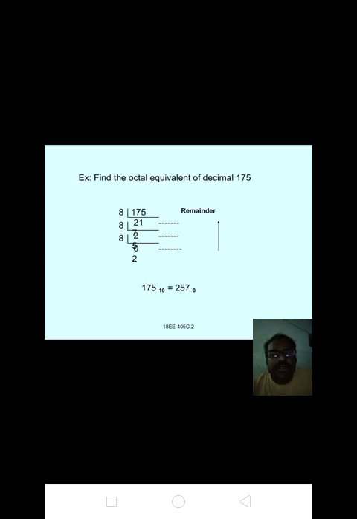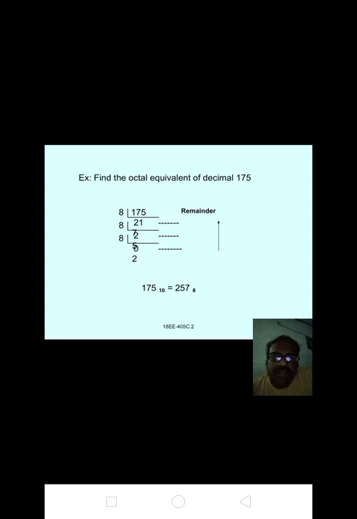Find the octal equivalent of decimal 175. 175 divided by 8: 8 2s are 16, remainder 15, 8 1s are 8, we get the remainder 7. Quotient is 21. 8 2s are 16, 17, 18, 19, 20, 21, remainder 5.